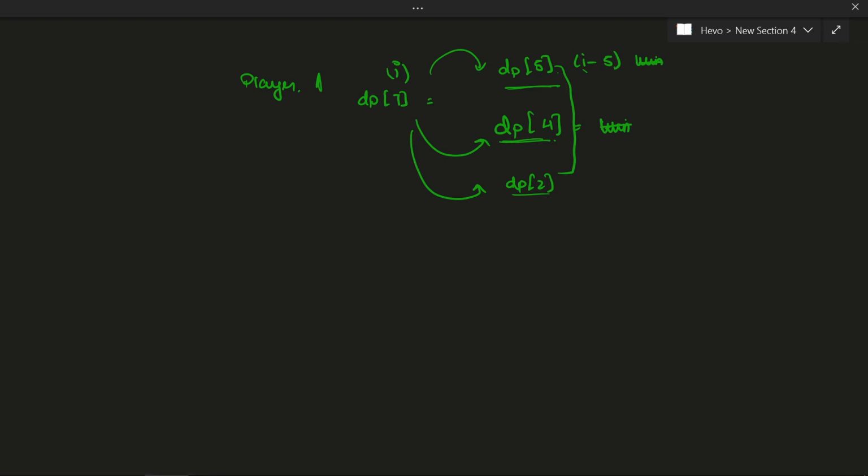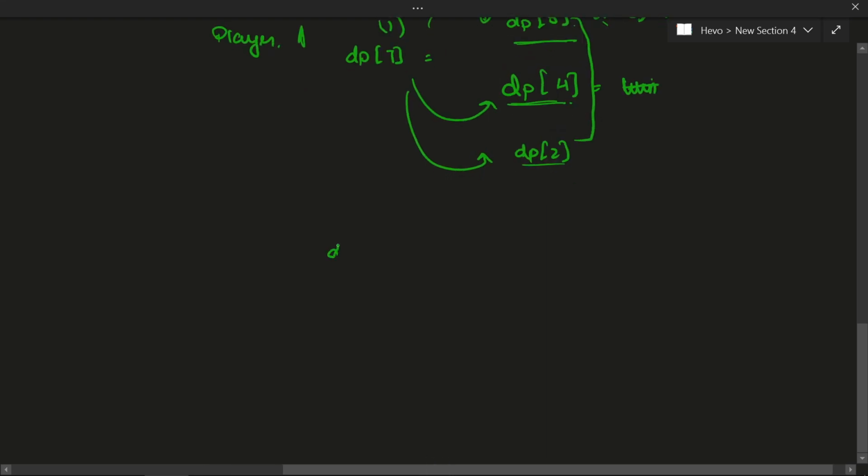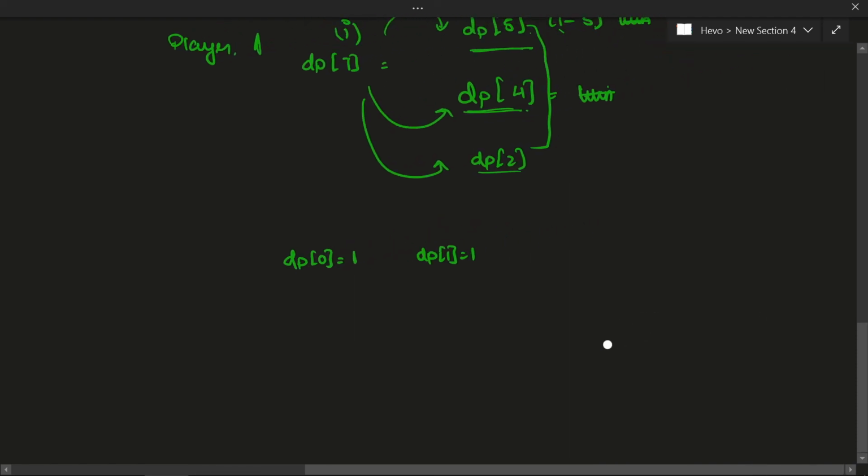So you have to build up, it's dynamic programming, and what you have to do is build the base cases. The base cases are from DP0, which we can declare as one. DP1 will be one. So one is for player two winning.